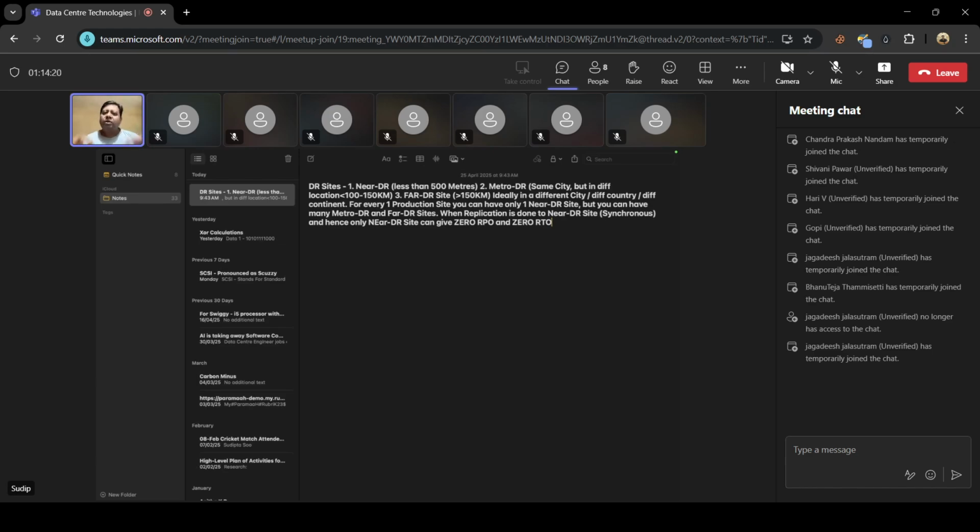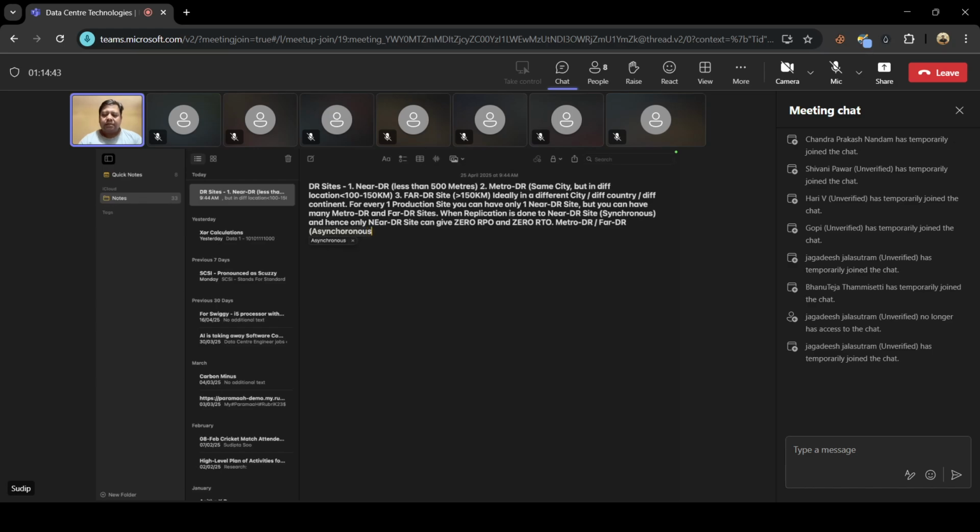Hence only in the near DR site you can have 0 RPO and 0 RTO, because it uses synchronous replication. When you're doing metro DR or far DR, in these scenarios you are doing asynchronous replication.